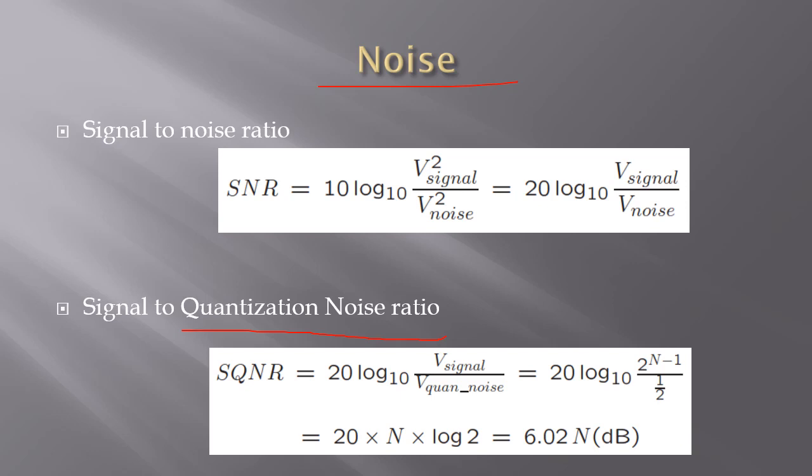Now the measure here is the signal to noise ratio. This one is SQNR, signal to quantization noise ratio. The expression is simple. It is 10 multiplied by log base 10 of the signal square divided by the noise square.